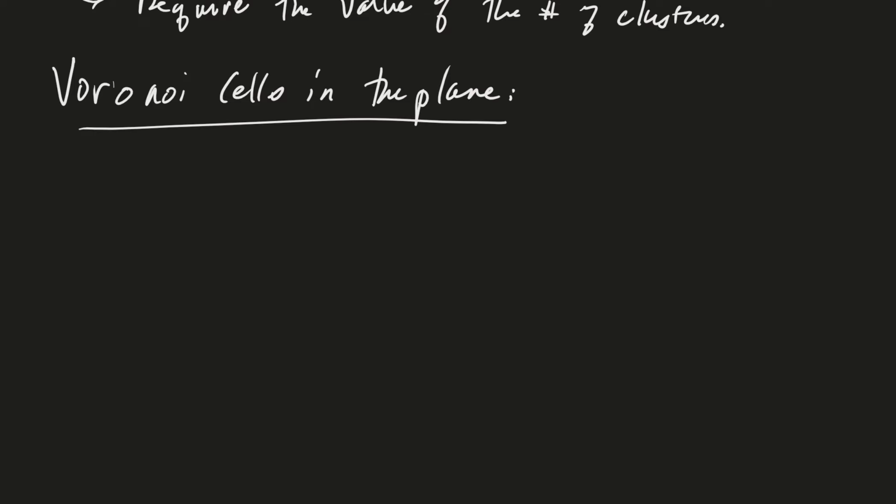So these exist separate from clustering, although the clustering does something similar. So just let a few points, ci, these are vectors in the plane, i equals 1 to k, k points in the plane.